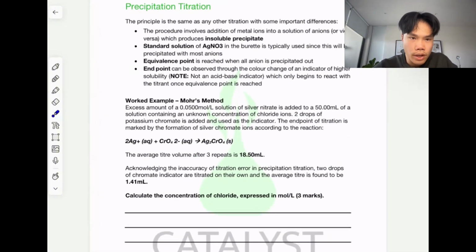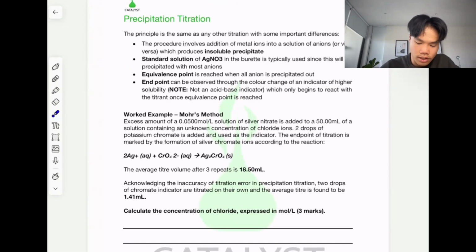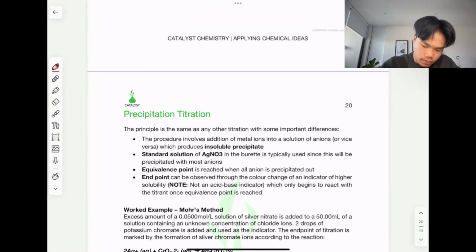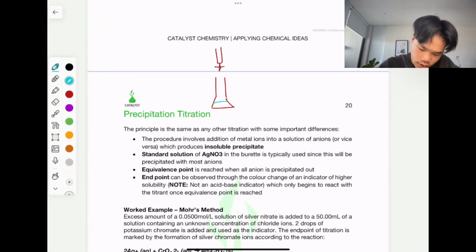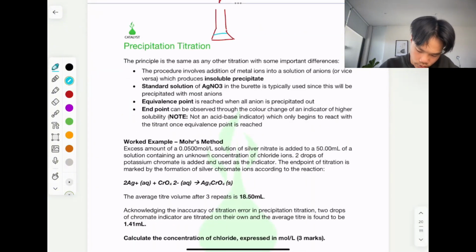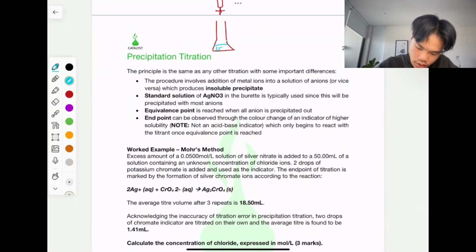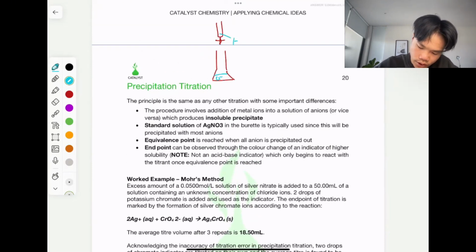But the overall method of Mohr's method, as the one that's easiest to understand, is that in your conical flask, in solution, you have chloride ions, and in the burette, you have silver ions of a known concentration. In your solution, you also have chromate ions, the CrO4 2-.